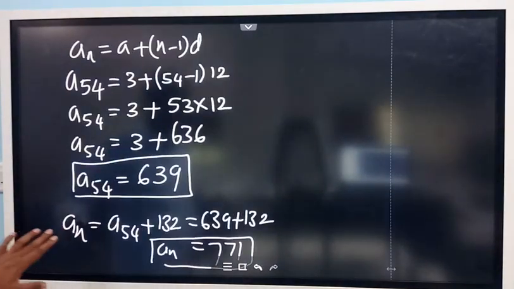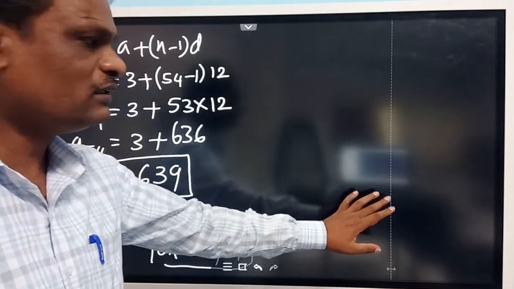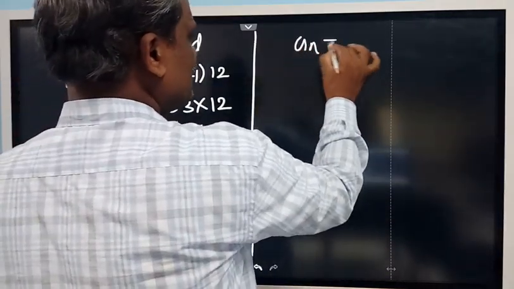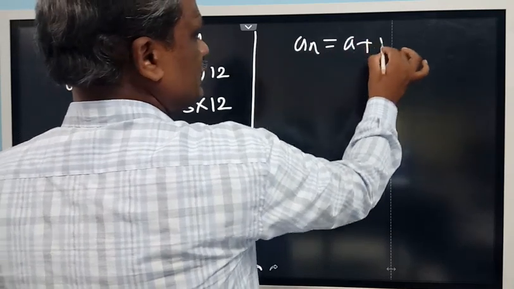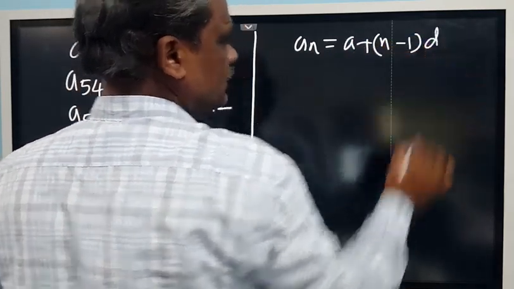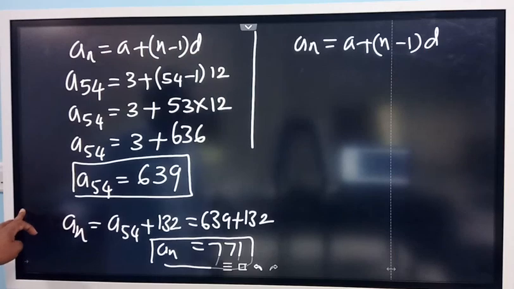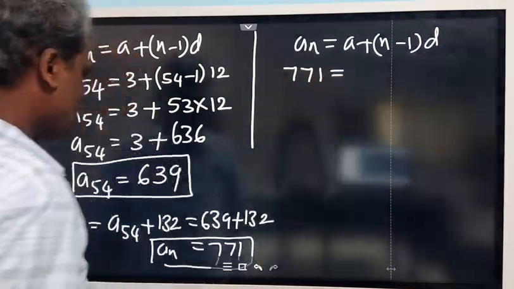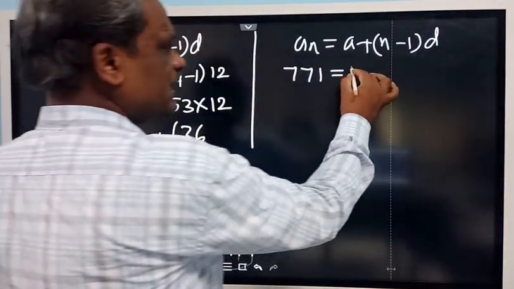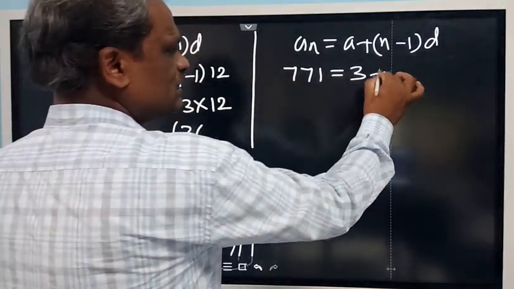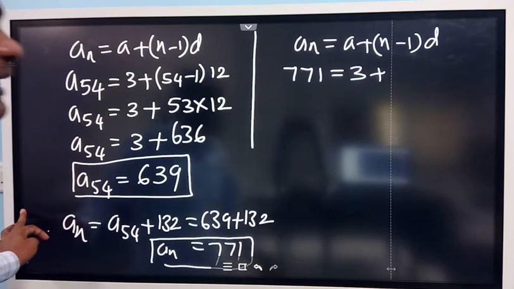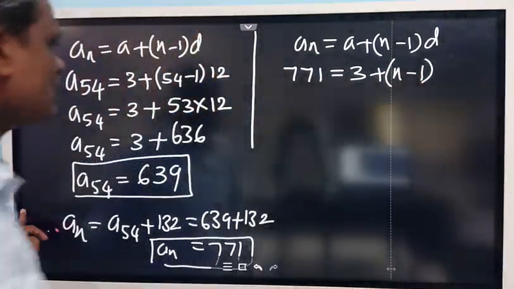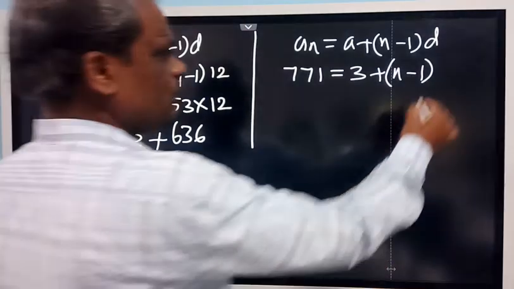Now we have the nth term. Next we need to find the value of n. So let us use the formula An is equal to A plus n minus 1 into D. I will write the nth term as 771, and the A value, since it is the same AP, is 3 only. We have to find n, minus 1 into D, and the common difference is the same, 12.